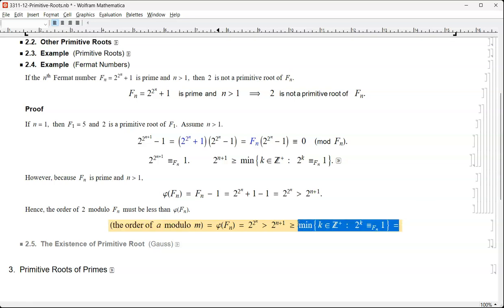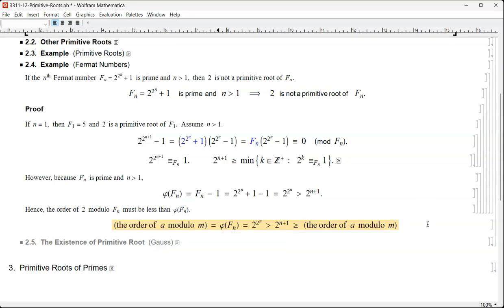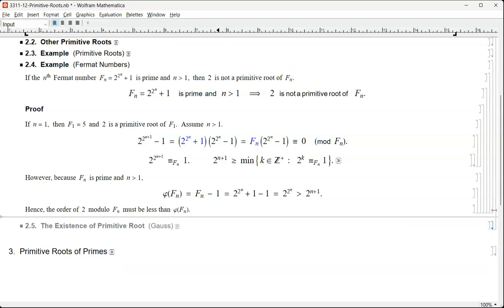Let's not use this minimum, because this minimum is nothing more than the order of a modulo m. Let's use this back again. So what you have is that the order of a modulo m is strictly greater than itself. That can't be right. There goes the contradiction. So this can't work.